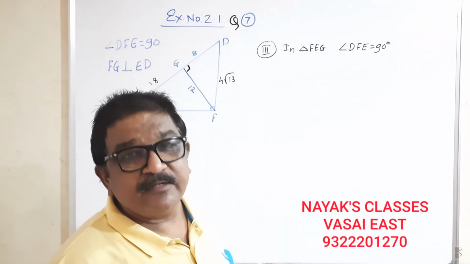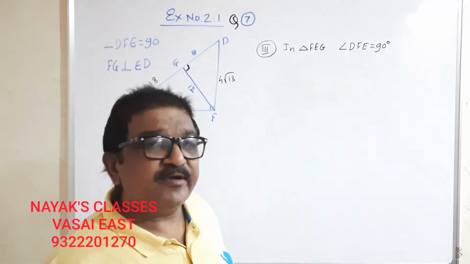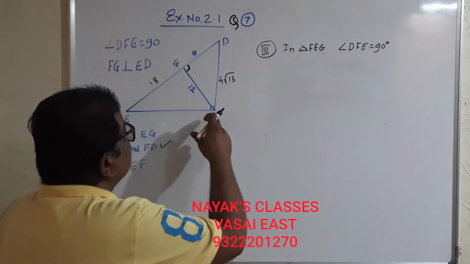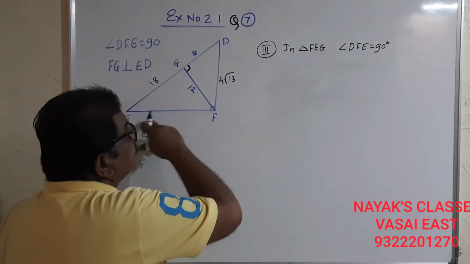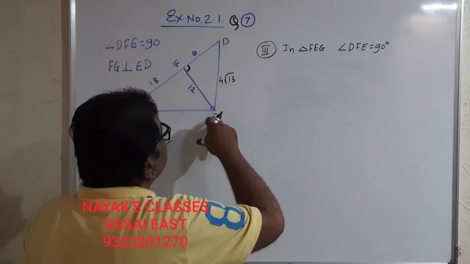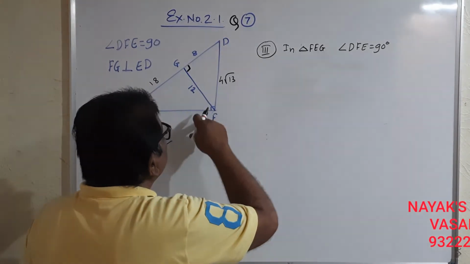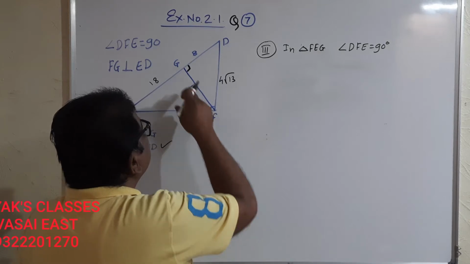So it would have been difficult to calculate the square root of decimals. So we are taking triangle FGE instead of EDF. This root sign and all these things will come. We have taken the smaller triangle FGE.